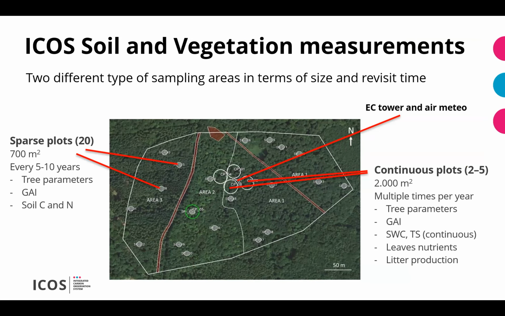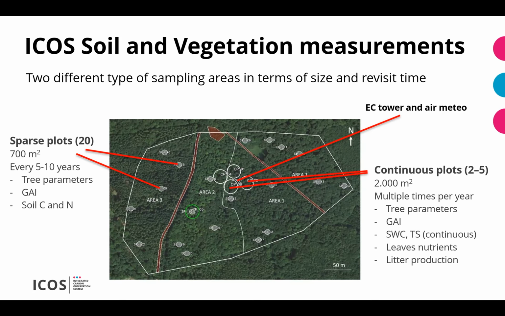The ecosystem stations are not only fluxes, of course. There are a number of additional measurements that we do periodically, and every 10 years, to characterize what we call the target area, the portion of ecosystem that we want to monitor with the eddy covariance station. We have sparse plots and continuous plots where we measure vegetation parameters like species, biomass, tree diameter, heights, diameter distribution, and green area index.